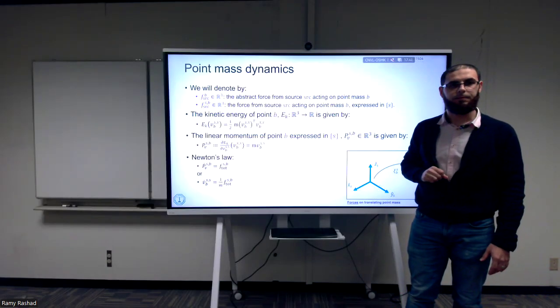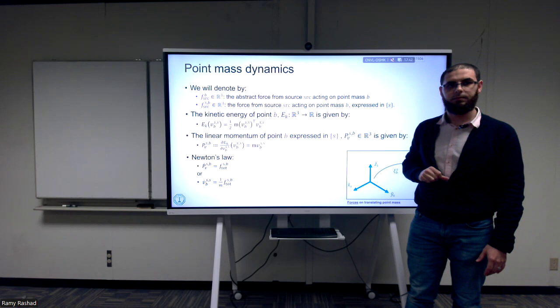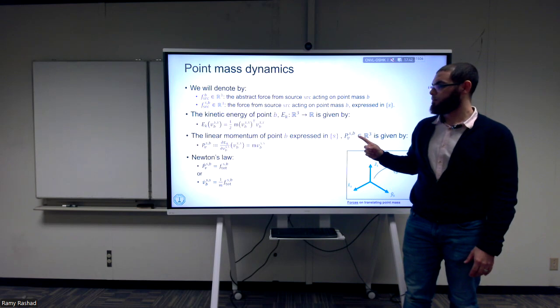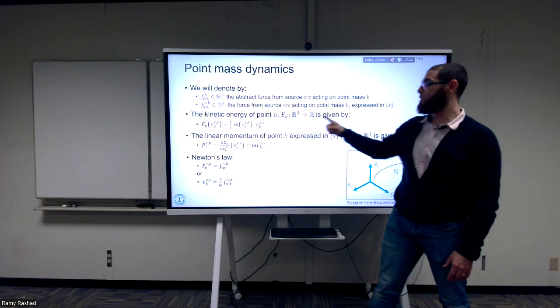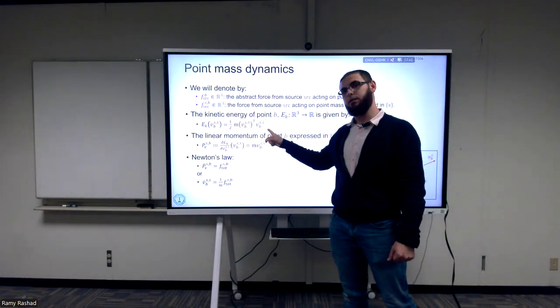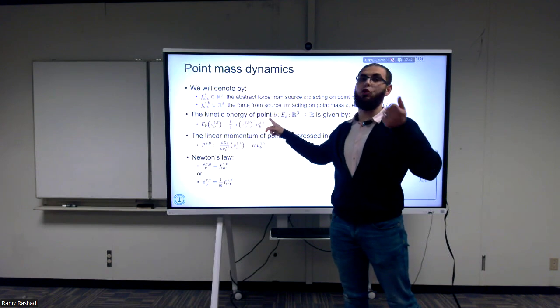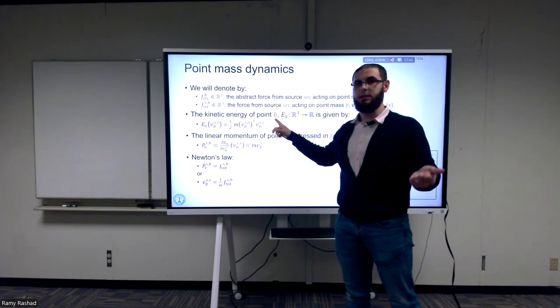When we look at the expression that's on the screen right now, we have B expressed in S, B with respect to S expressed in S. You have the velocity of point B moving with respect to frame S, and then you look at it from frame S. You observe it from frame S. Yes.